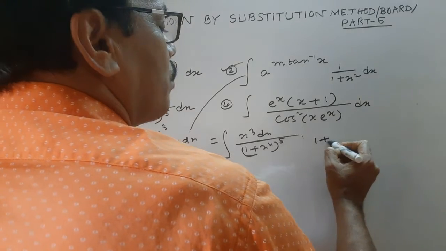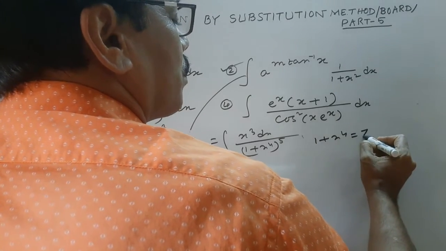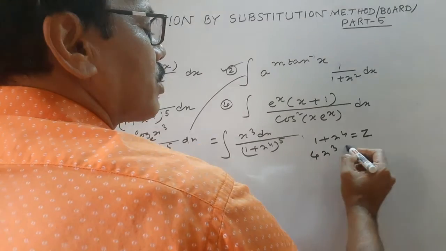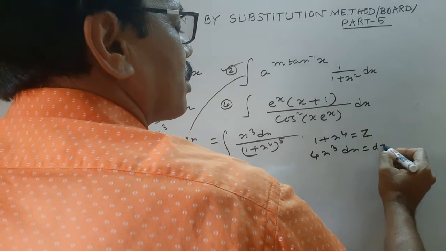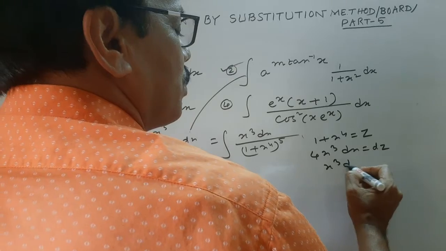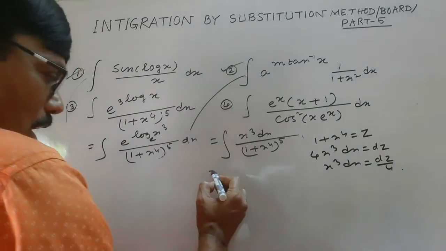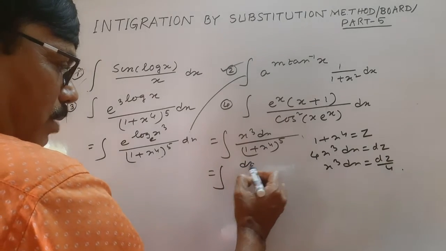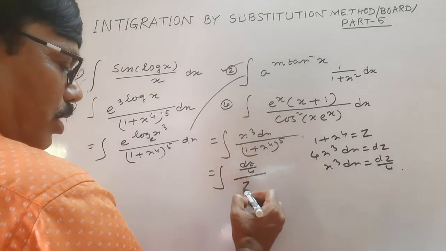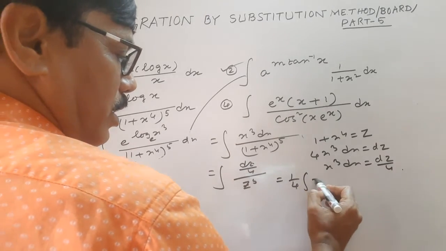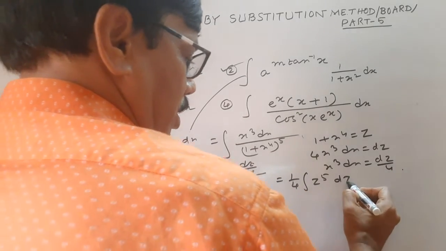Now our main aim will be to put it in standard form. Now you know 1 plus x to the power 4. If you put it as z, then the derivative is 4x cube dx equals dz. So x cube dx equals dz by 4. Now look, this is dz by 4 and this is z to the power 5. So 1 by 4 outside, z to the power 5 dz.